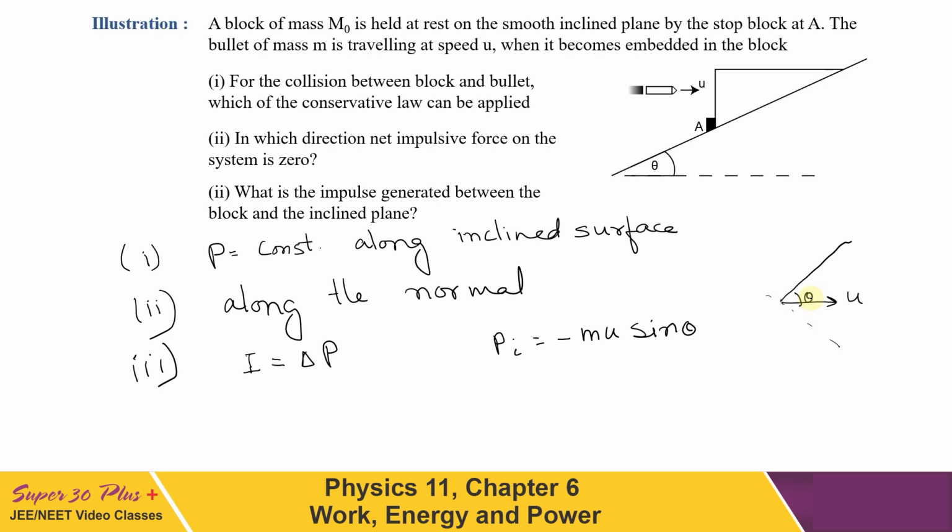So along the normal it can be written as minus m u sine theta, and P final in this direction is equal to 0. So in direction of normal, we can write change in momentum as P final minus P initial, that is equal to m u sine theta. So we got impulse between the block and the inclined plane is equal to m u sine theta. This is our result for third part.